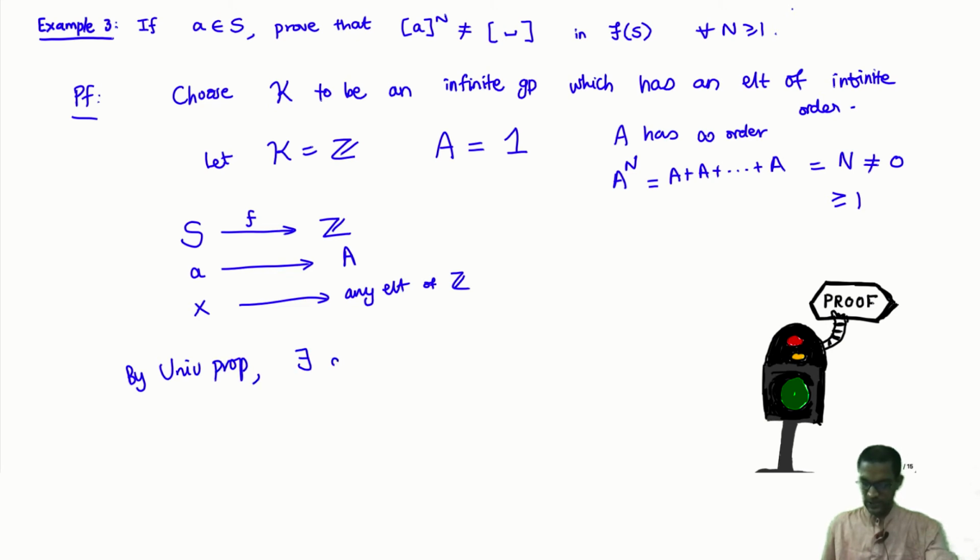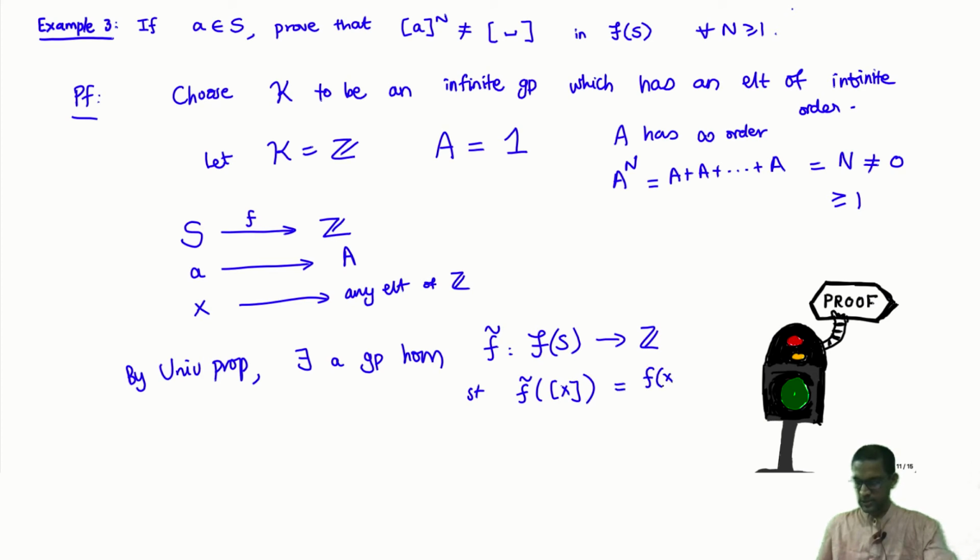It gives me that there exists a group homomorphism f tilde from the free group to Z, such that f tilde of x is f of x for all x in S. In particular, all we are going to do is take this particular value of x, which is A. So if I look at f tilde on A, this is going to give me capital A.